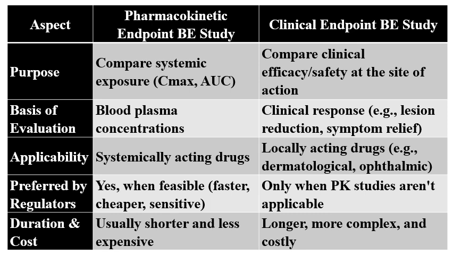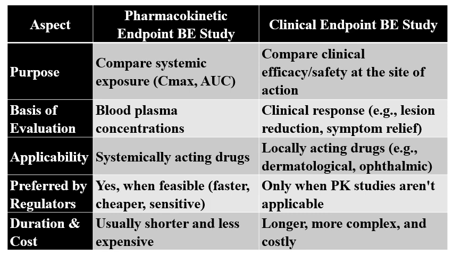The purpose of a PK study is to compare the systemic exposure of the drug, which involves the study of Cmax and AUC. While the clinical endpoint BE study compares the clinical efficacy and safety at the site of action. The basis of evaluation for the PK study is blood plasma concentrations, and for the clinical endpoint study it is clinical response, that means reduction in the symptoms.